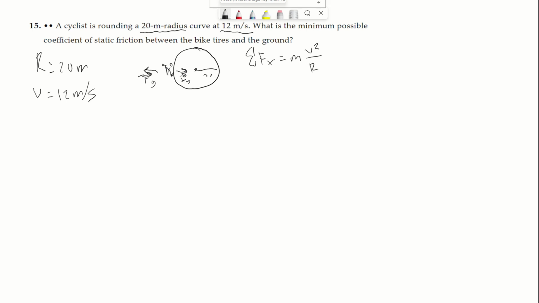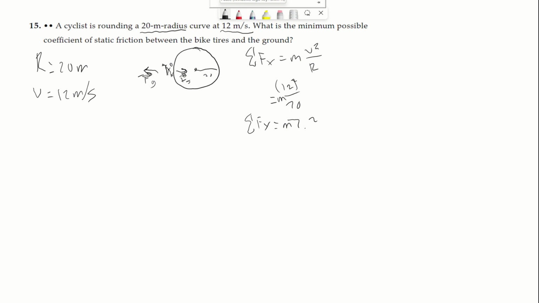We're given both r and v, so we just need to plug in those values: 12 squared over 20, which equals 7.2. So the forces in the x direction is equal to m times 7.2.